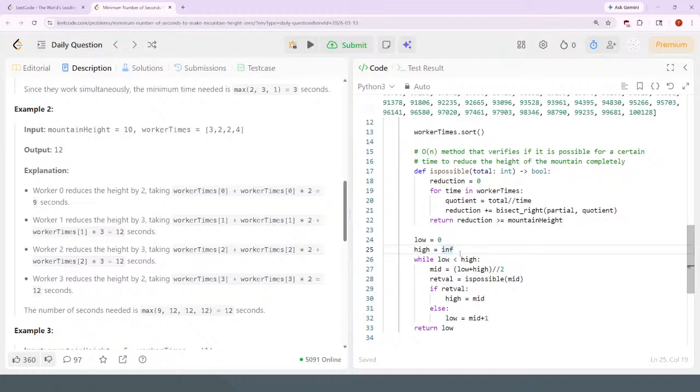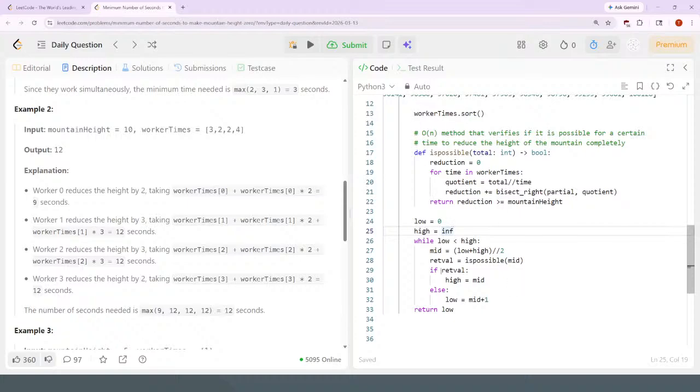If 5, 6 is possible, then 5. Let's say low is 0, high is 10, mid is 5. Let's say that's possible. High becomes 5. Mid becomes 2-ish. Not possible, then low needs to increase. Right.